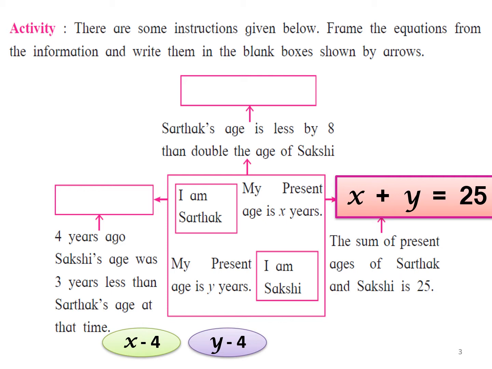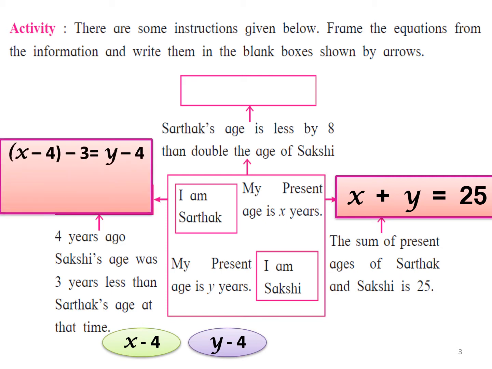Let's continue with the condition now. 4 years ago, Sakshi's age was 3 years less than Sarthak's age at that time. So Y minus 4 is equal to X minus 4, that is Sarthak's age, less than 3, that is minus 3.